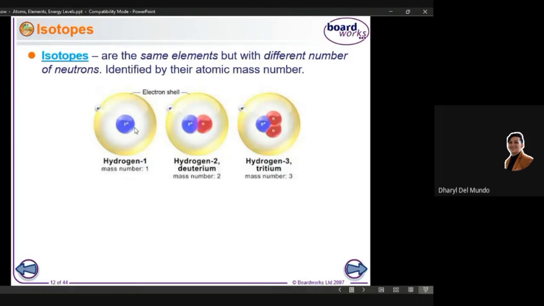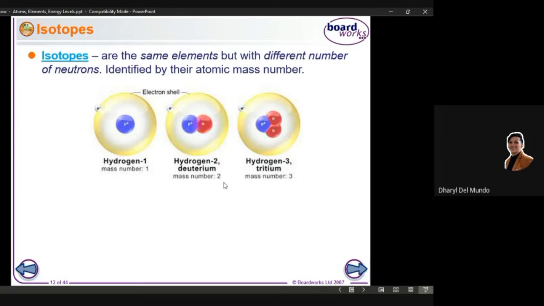So as you can see, there's no neutron here, and over here there's an additional neutron. That's how it has a mass number of 2. It becomes heavier, of course. So that's a different hydrogen from hydrogen 1.